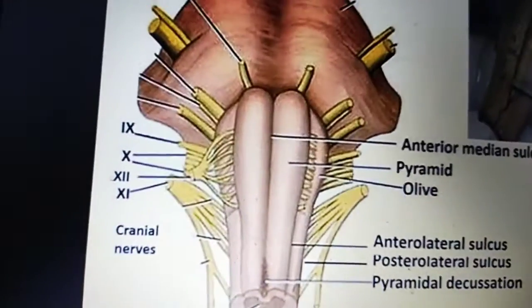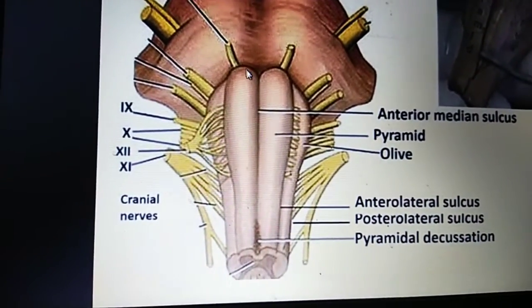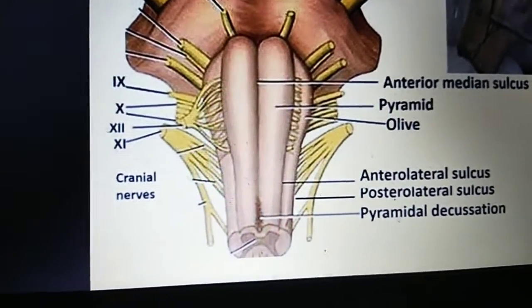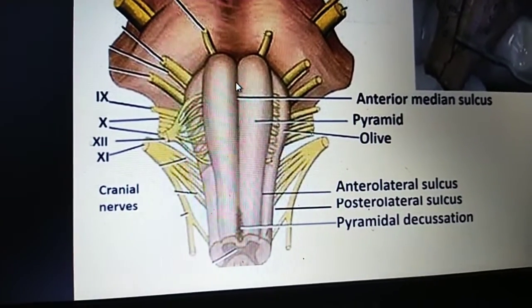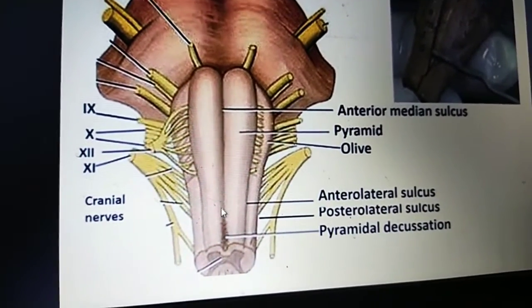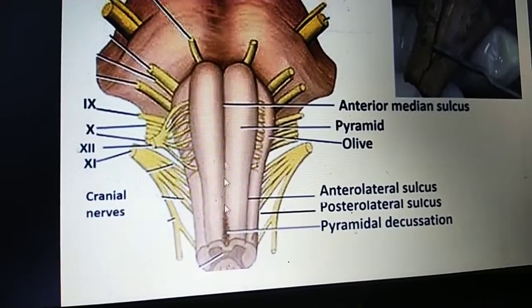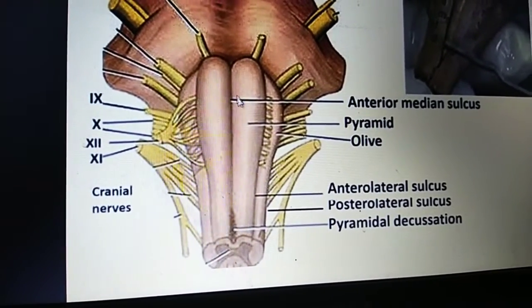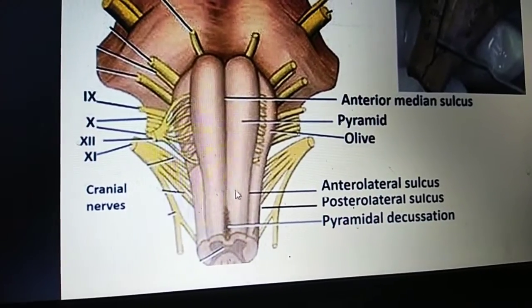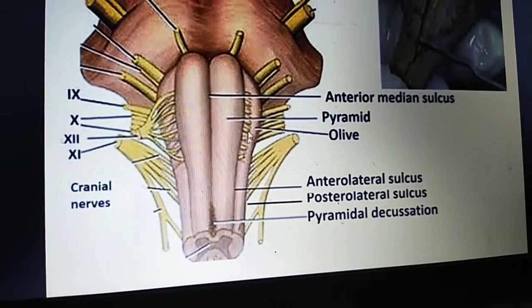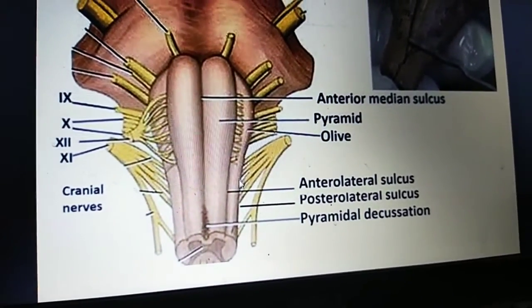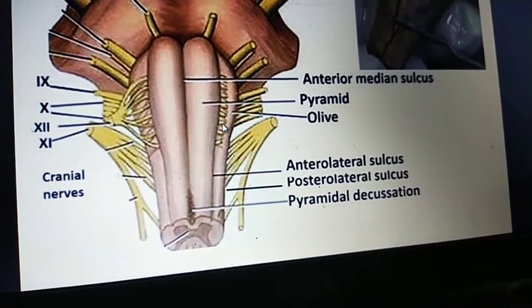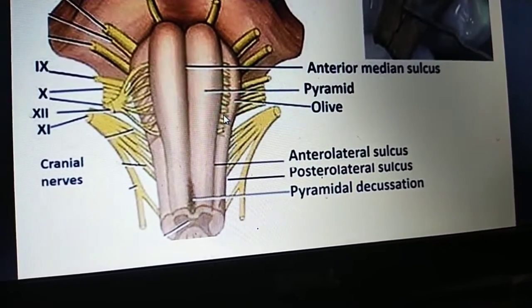This you can easily make out. This is the medulla oblongata, this is the pons. This is the ventral fissure of the medulla oblongata, and these are the elevations. These are called the pyramids, and these lateral elevations are called the olives.